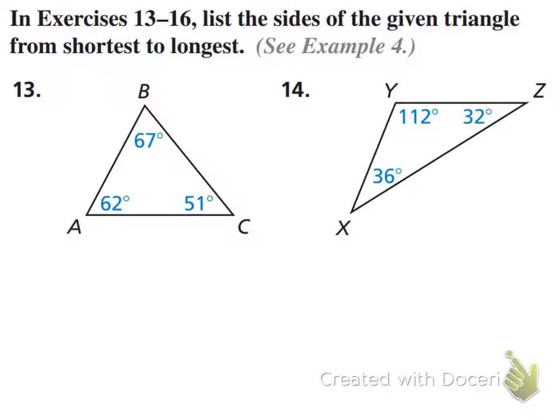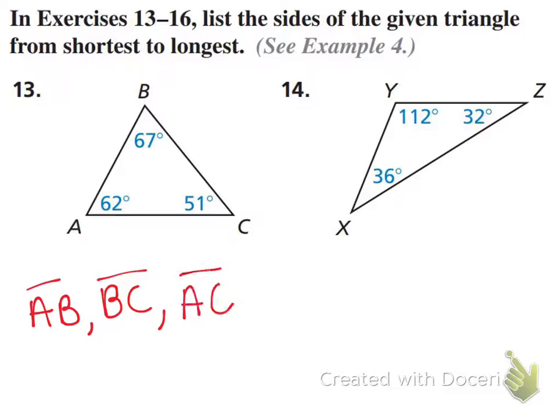Good. The first one's good. Good, just when you're listing segments, you put the line above it. It's when you compare lengths that you don't put the line above it. So we said AB, BC, AC, that's correct. And then go ahead and answer the second.